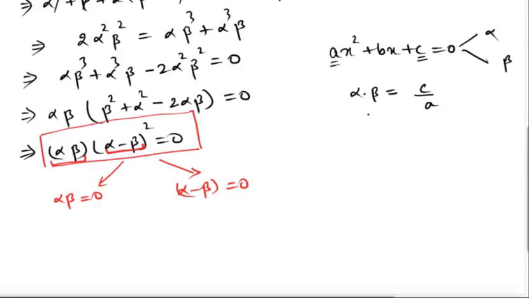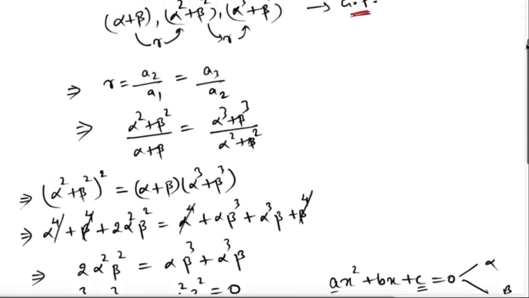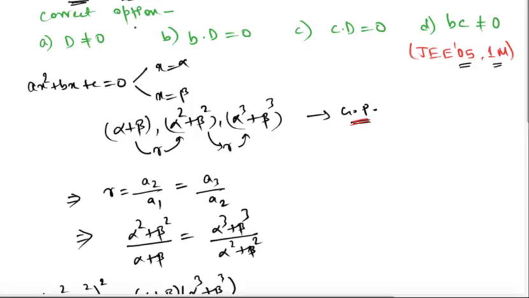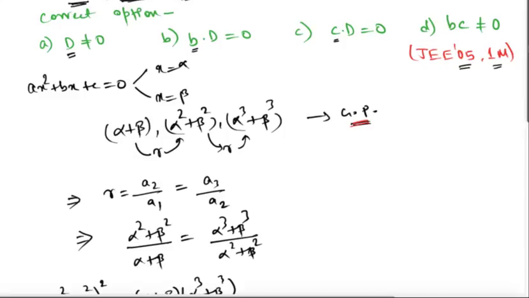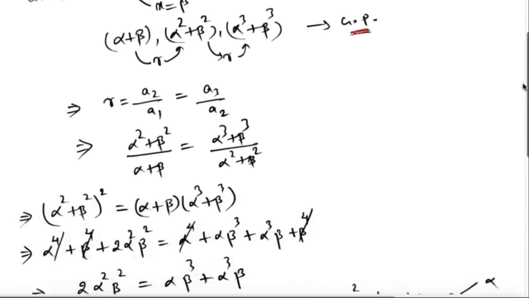So alpha beta is c by a, and I'm using this because if I concentrate on the options given here, they are in the form of capital D, the discriminant, small b, that is the coefficient of x, small c, that is our constant term. So I need to somehow change my answer in terms of discriminant, b, a and c.